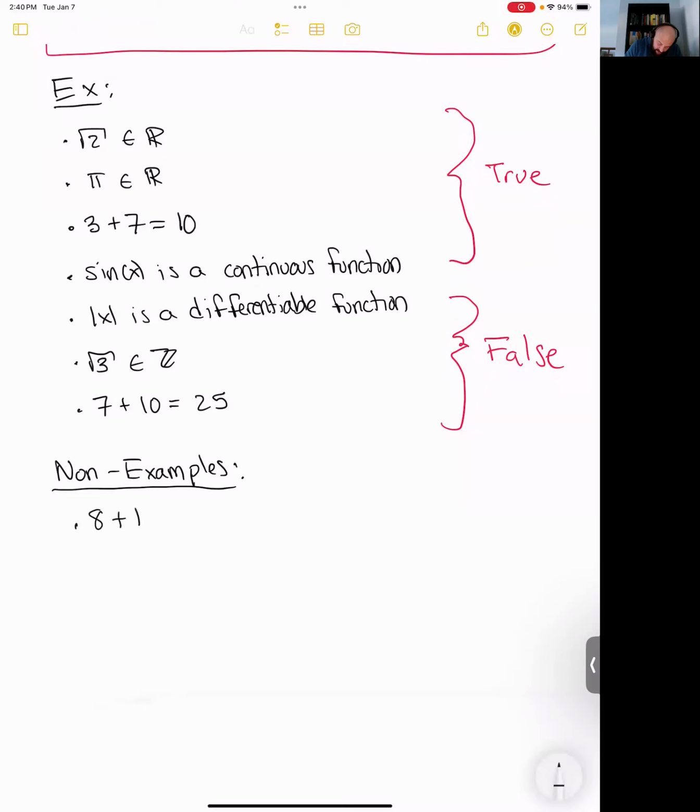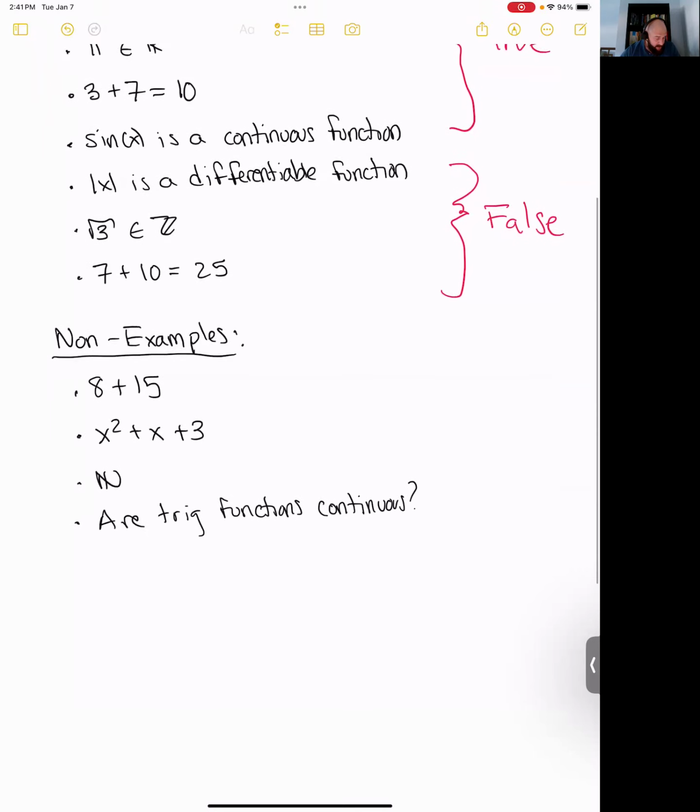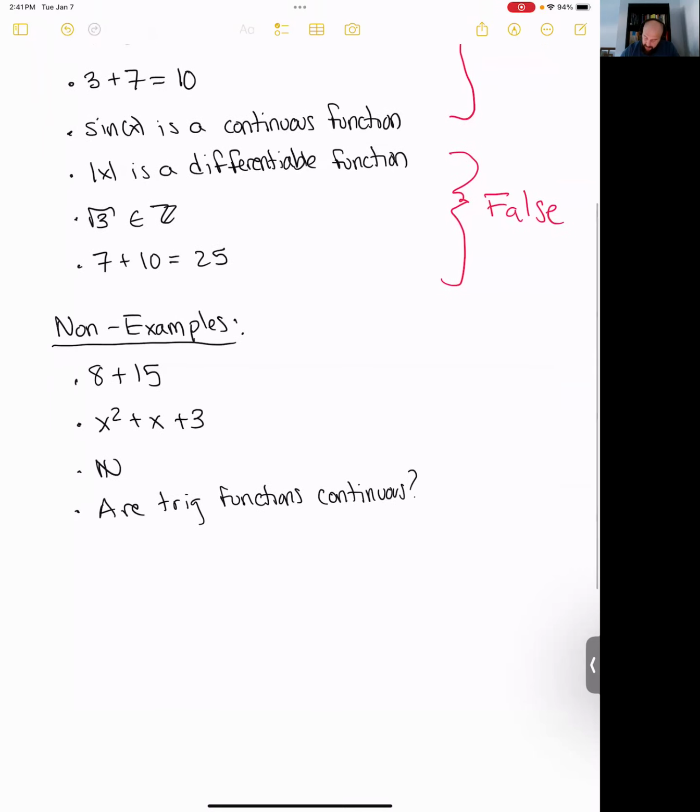Just 8 plus 15, or something like x squared plus x plus 3, or the natural numbers, or are trig functions continuous. Right, these are not statements in the sense that we just defined, because we cannot assign a truth value, right?